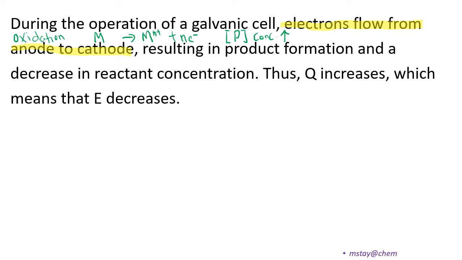Now we look at the cathode. The reaction that happens at the cathode is reduction. So let's say we have another metal. For this case, the metal ion, for example N plus, will gain a certain amount of electrons and form metal N. Based on this half equation, we know that the concentration of reactant is decreasing.